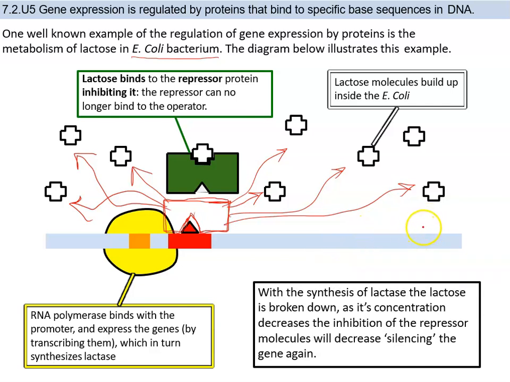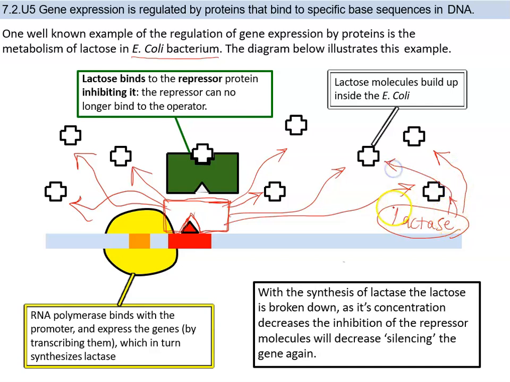The function of the enzyme after production and after transcription from the gene has not been clearly drawn over here, but the function has been written over here. This means that once the lactase is produced after transcription of the gene, this lactase can come and break down these lactose molecules.